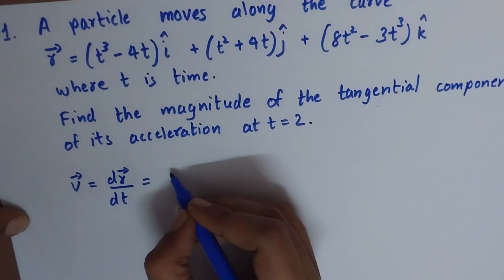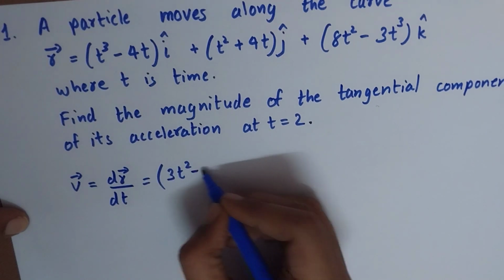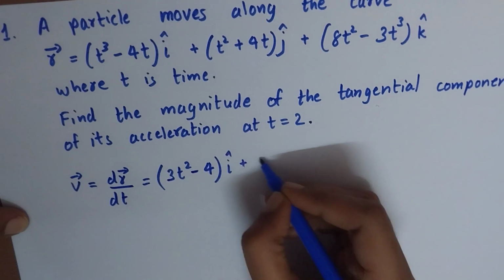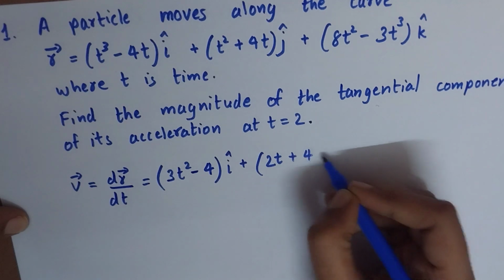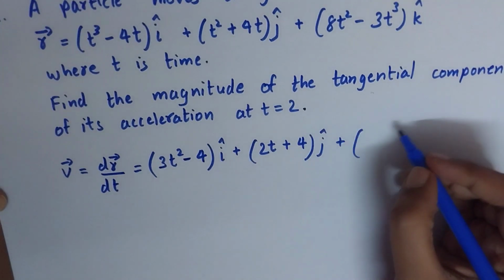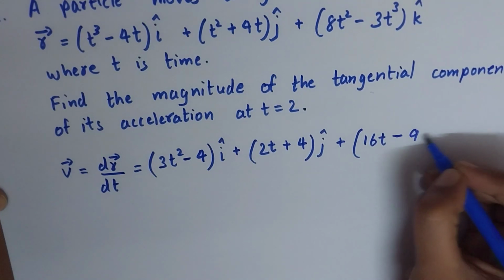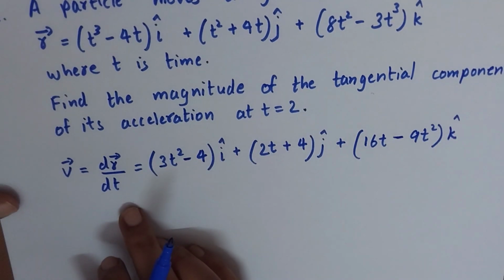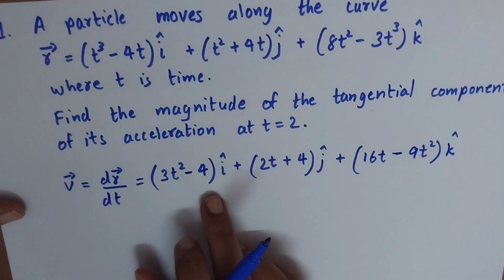This is equal to 3t square minus 4 i cap plus 2t plus 4 j cap plus 16t minus 9t square k cap. Now this is the velocity vector. When you differentiate this r vector, you will get this velocity vector.